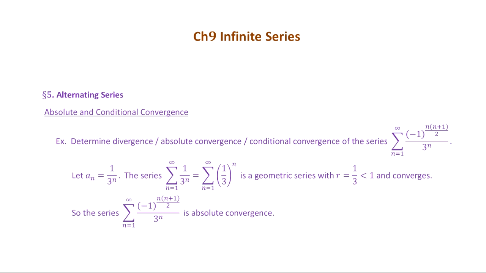So that means the series of the absolute value of the terms converges, and that guarantees this original series with the sign converges. Remember, the theorem says if the absolute value series converges, the original series also converges. So this original series with the sign is called absolutely convergent. All right.